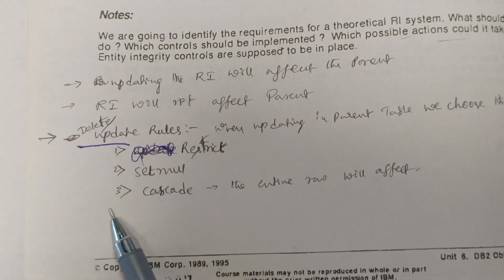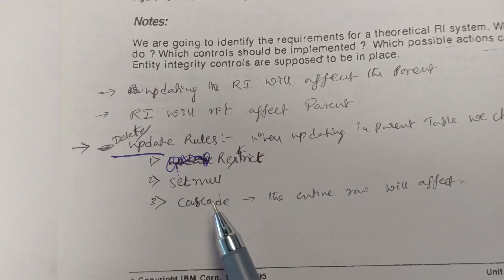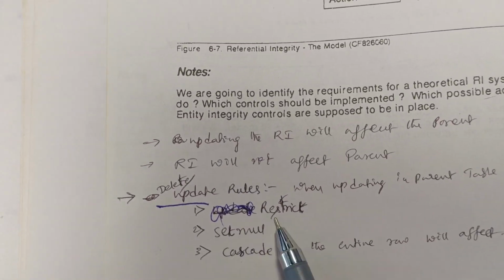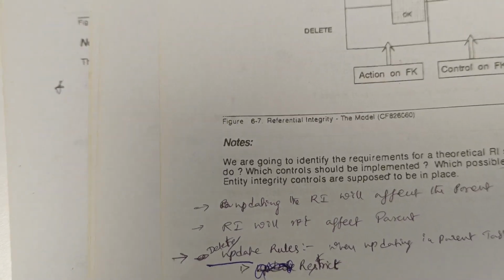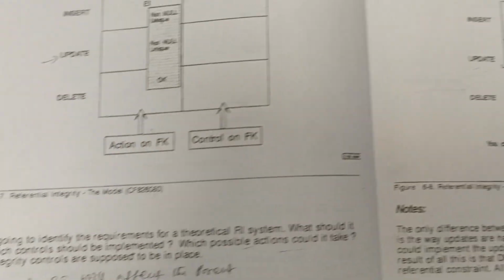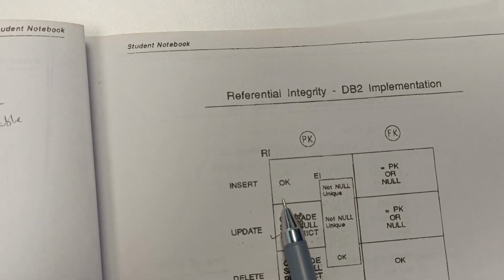These are mainly asked in interviews: what is the delete rule, and what are the different types of delete and update rules? There are three types: restrict, set null and cascade. These rules apply whenever inserting.